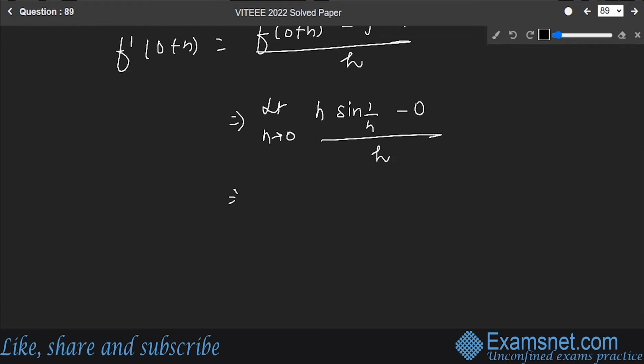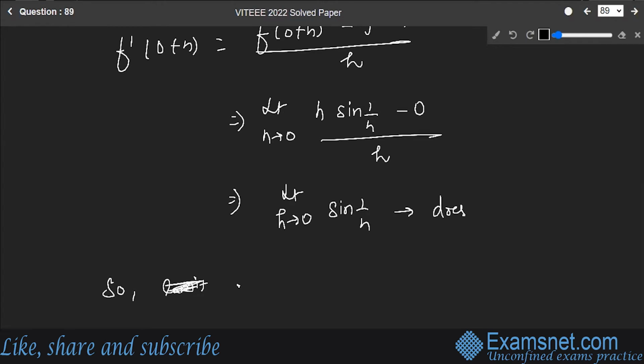This is equal to the limit as h approaches 0 of sine 1 by h, because h will cancel. This thing does not exist.